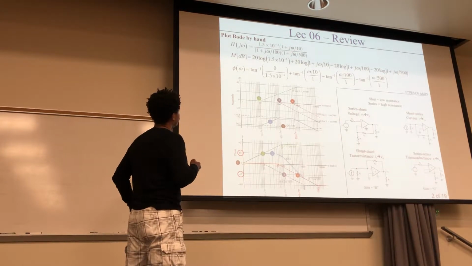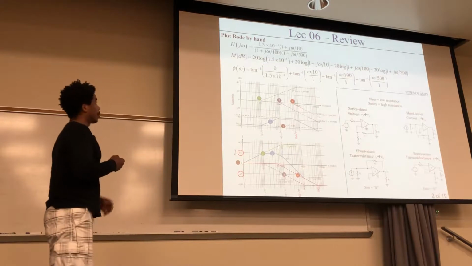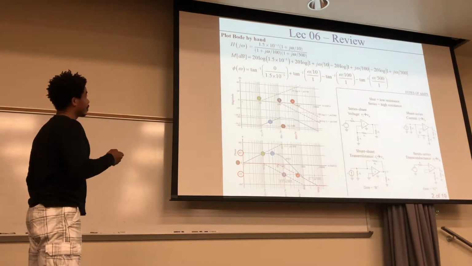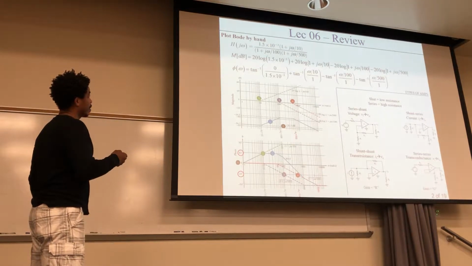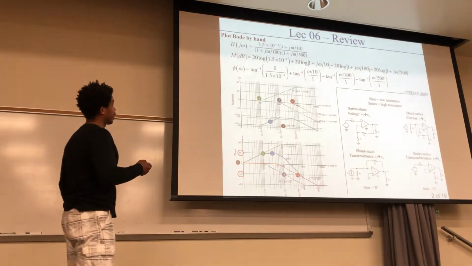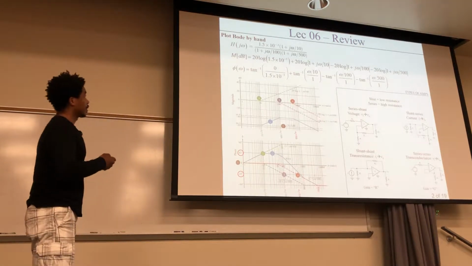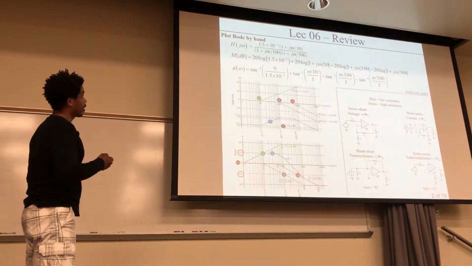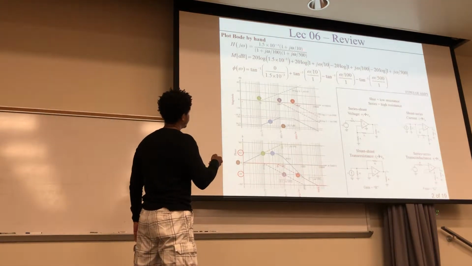Okay, so now once you take the magnitude and you put it in terms of decibels, this fraction right here works out to be like this, where the numerators are added together and the denominators are subtracted. And they're in the form of 20 log of whatever the magnitude is for that quantity. So in this case, since this real part is 1.5 e to the negative 3, the magnitude here is the magnitude of this piece right here.